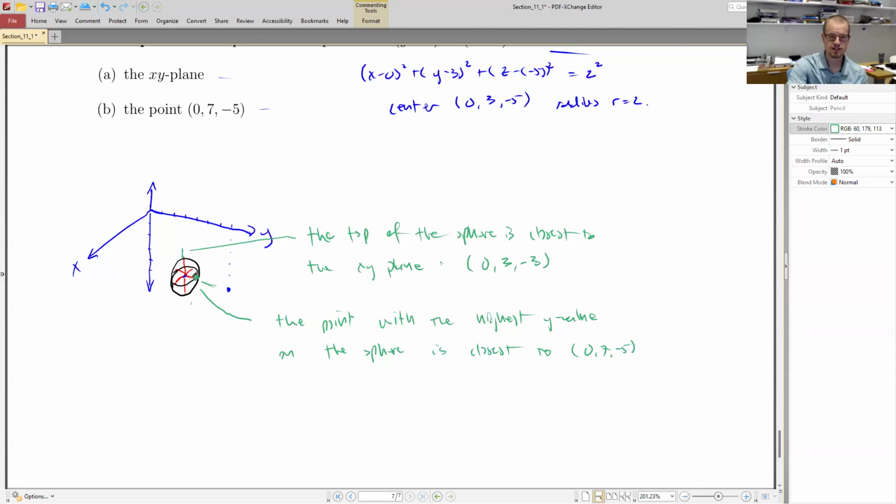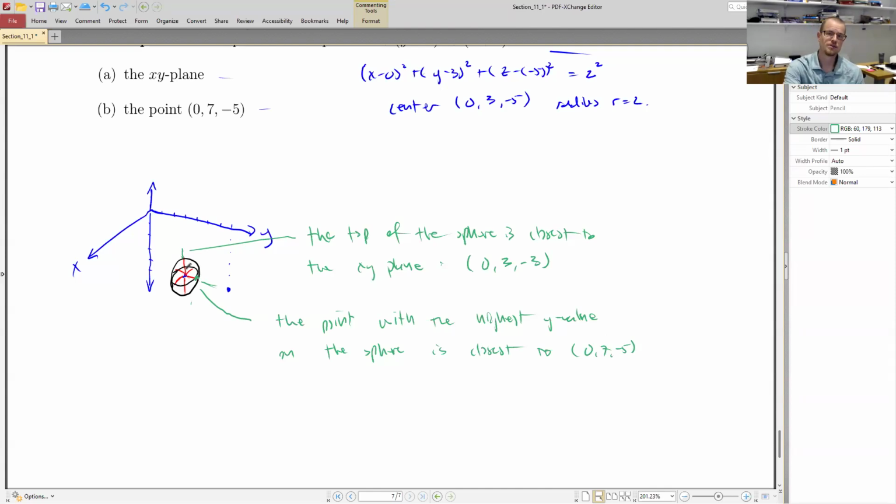Again, because this is simply a move from the center of the sphere in this direction, in the positive y direction, then we're just looking for the point that has the highest y value there. Of course, that's just moving by the radius out to that point.